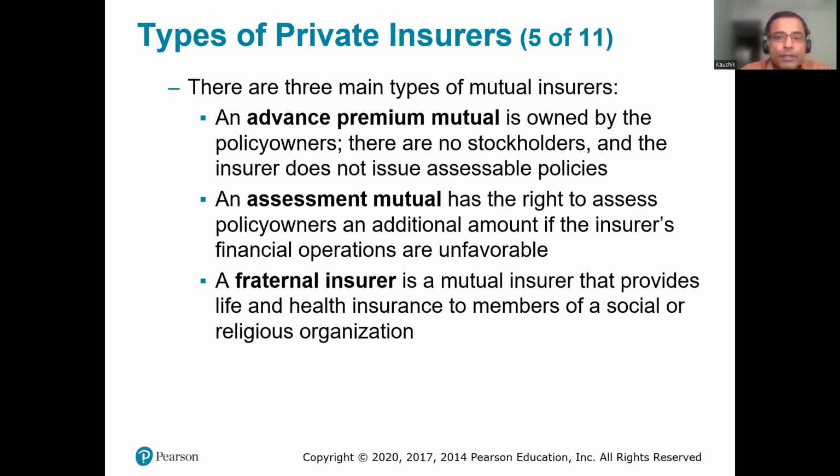But in this case, the insurance company has the authority to demand additional premium or additional funds from the policy owners in case its financial operations are not in good shape. A fraternal insurer is a mutual insurer which provides life and health insurance to members of a social or religious organization. It's a special type of mutual insurance.